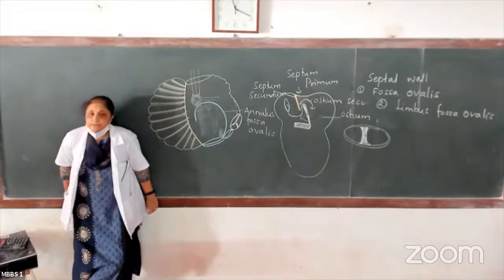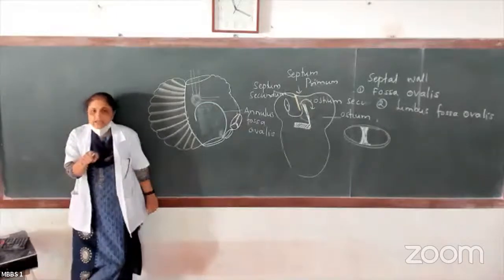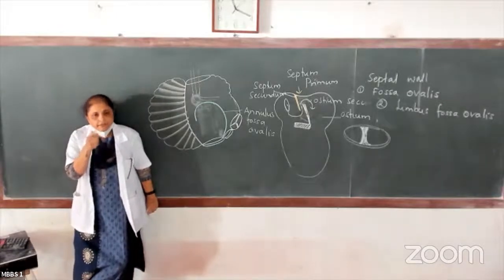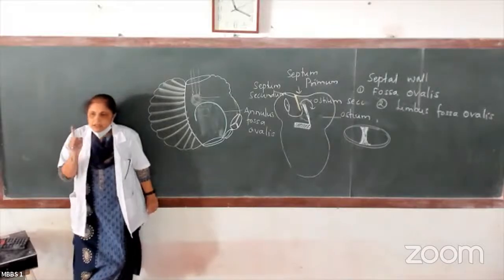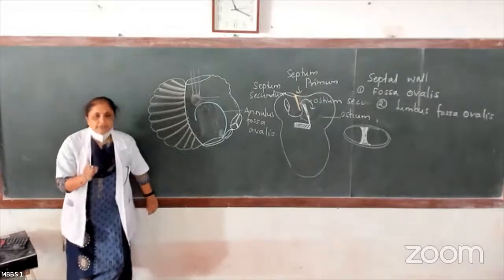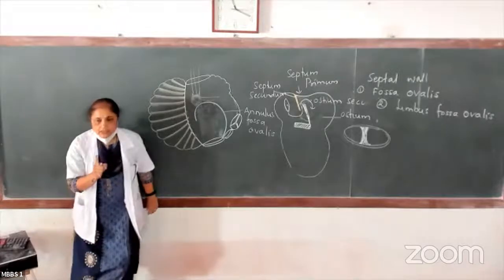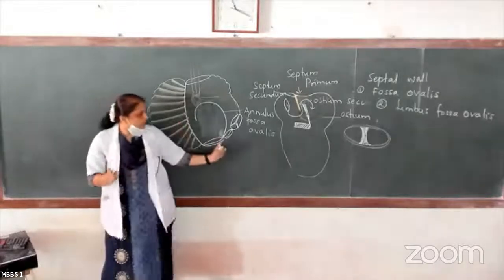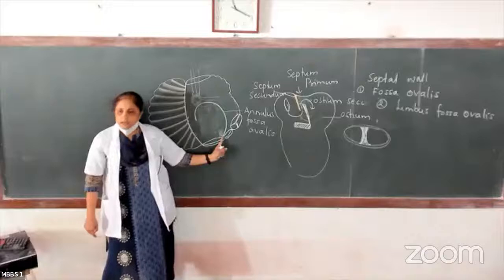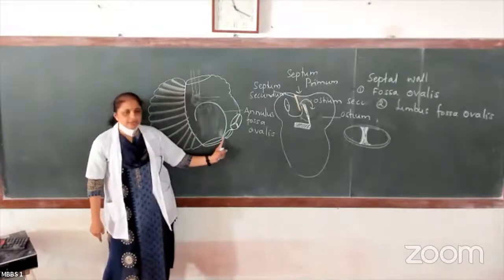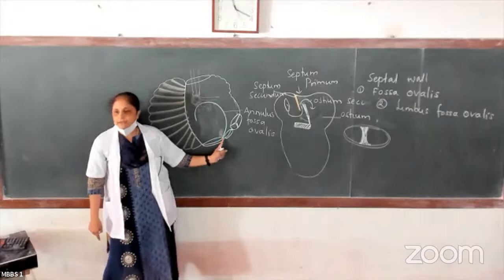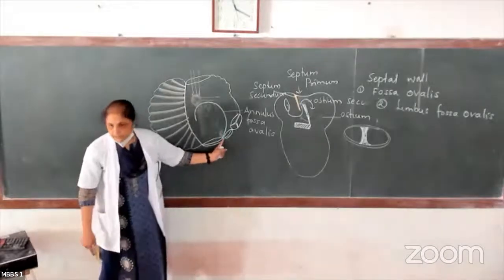To be more precise, it is a remnant of the inferior free margin of the septum secundum, and the lowermost end of the anterior wall of the septum secundum is getting attached to the left wall of the inferior vena cava.